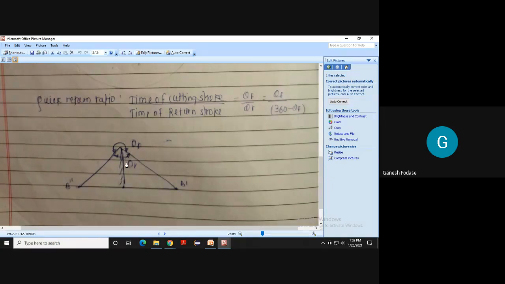So cos of this alpha, let's say this angle is alpha. So cos of alpha is S upon L, the length of the crank. Once I know S and once I know L, I can find out that angle. Once that angle is known to you, theta r is twice this angle. And if theta r is known to you, 360 minus theta r is your theta f. So we can determine the quick return ratio. Understand?